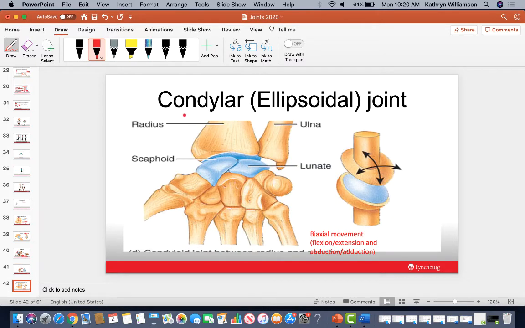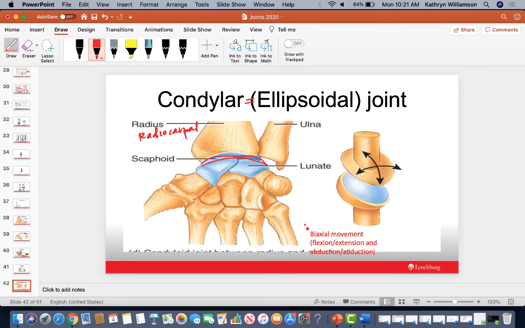Condylar joints are also called ellipsoidal joints, so they basically mean the same thing. This is the joint formed by the radiocarpal joint. So the distal end of the radius articulating with the proximal row of the carpal bones. And we've got kind of a concave joint surface in one area and a convex joint surface on the other.